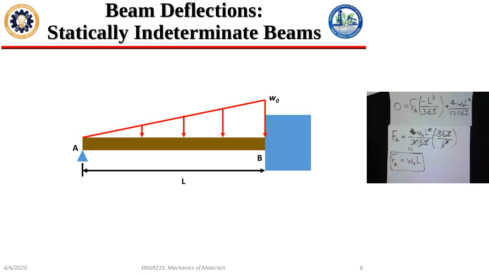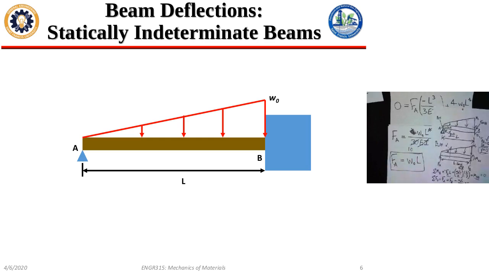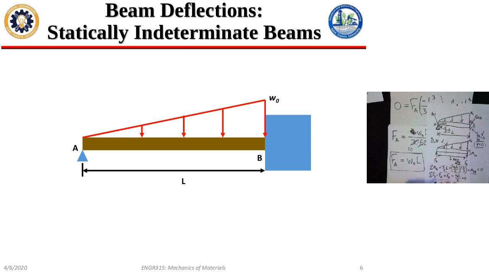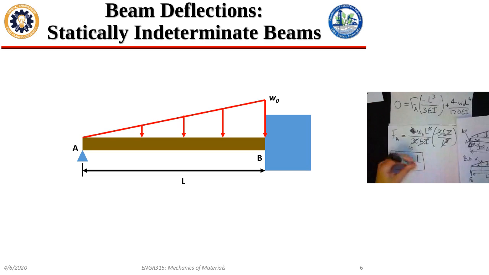We just figured out what FA is, all in terms of stuff that we kind of know. W naught, again, we said that's how many sandbags are stacked on this thing. We can measure the applied load, and L is the length we can measure. So I go back to my, yep. Isn't it over 10? Yes. Okay. Thank you.